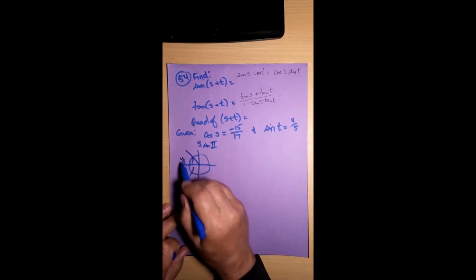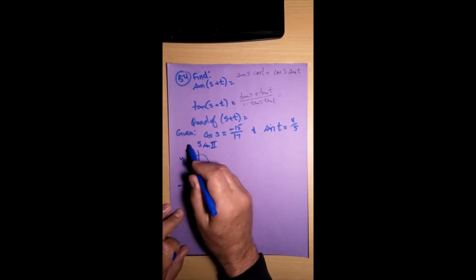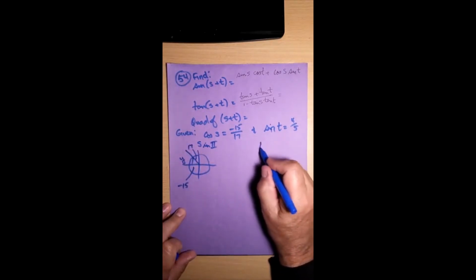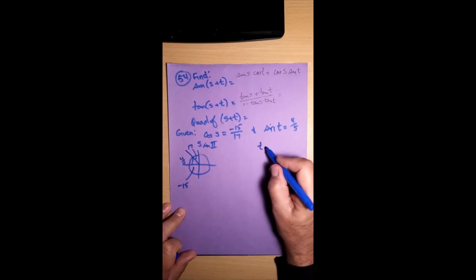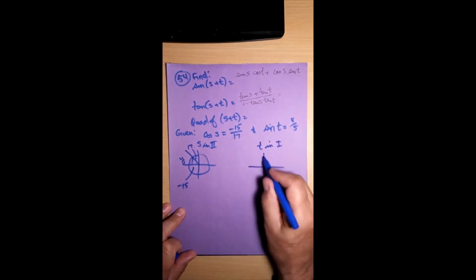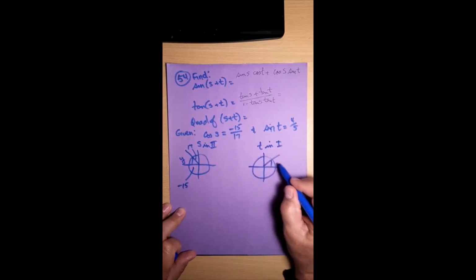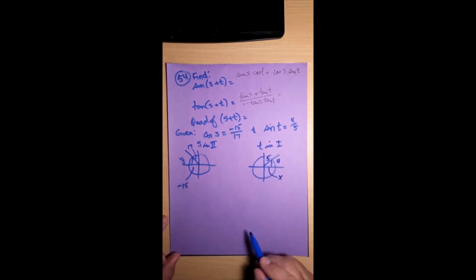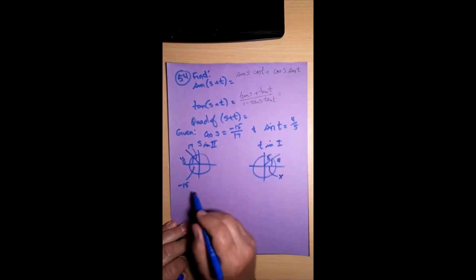We don't know what y is, but the 17 is the radius. t is in quadrant 1. The sine is the opposite, so this is 4. 5 is the radius, and we don't know what x is. But we can figure these out.